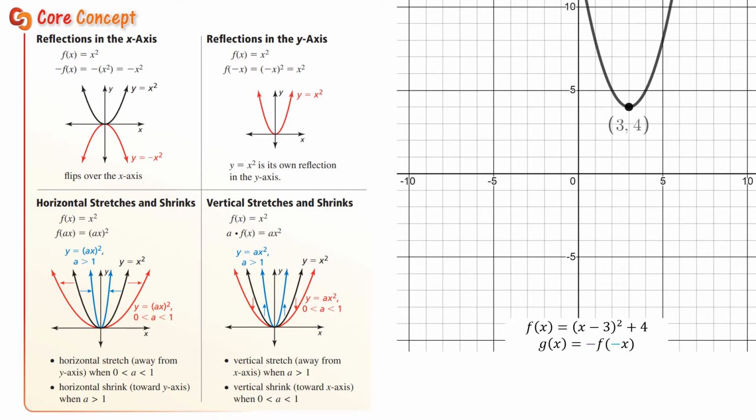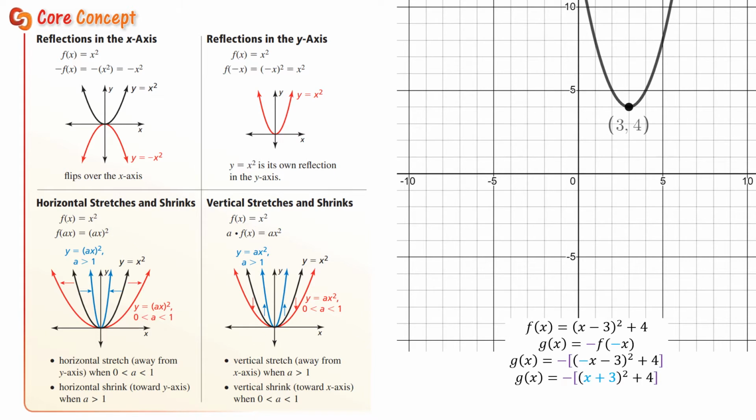An interesting question might be, what if we put the negative on the outside and the inside? Do those two undo each other? Do we wind up back at the same location? Well, remember, one's a horizontal reflection and the other is a vertical. So if we put the negative into both and we deal with the order of operations, let's deal inside the parentheses first.